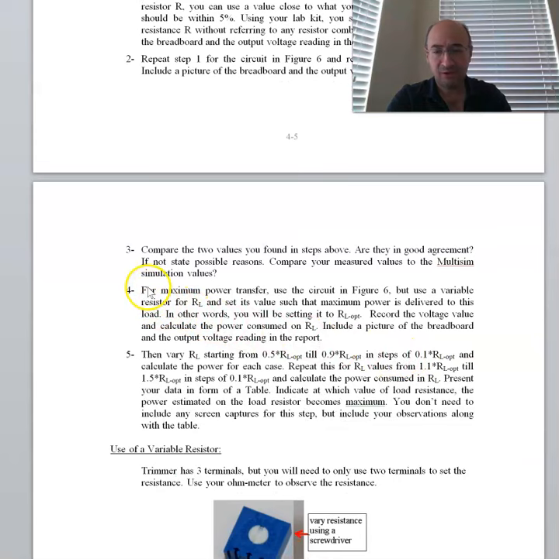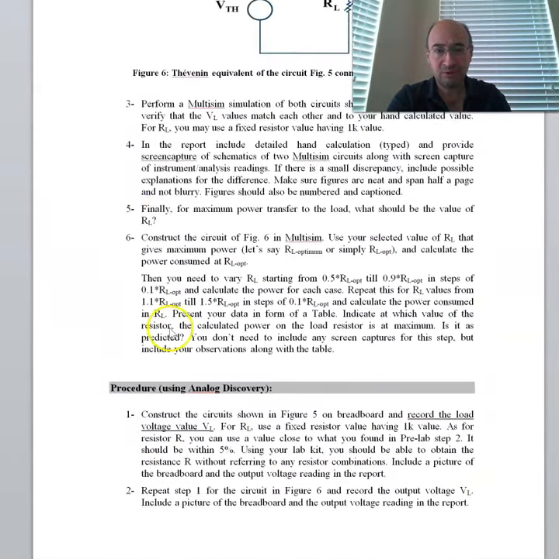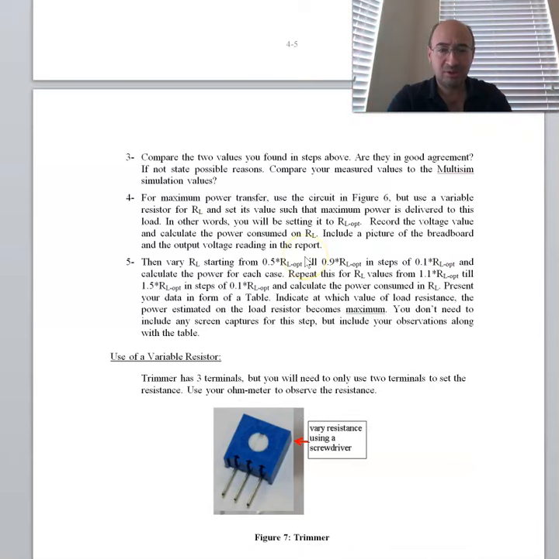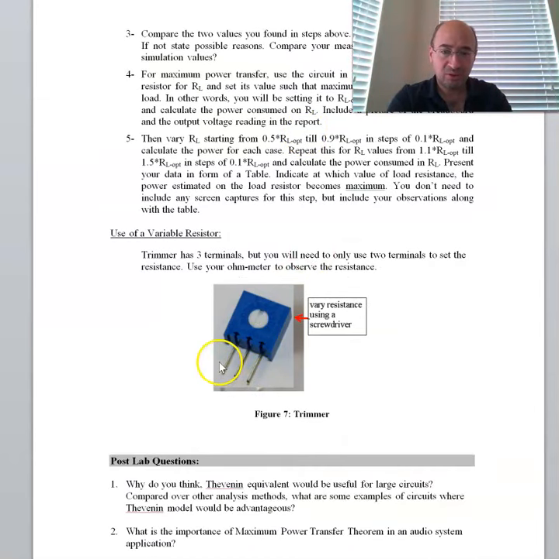And finally, you verify the maximum power theorem. Now your load is varying. That's why we're going to be using a variable resistor called a trimmer. You can only use either the first two or the last two terminals.